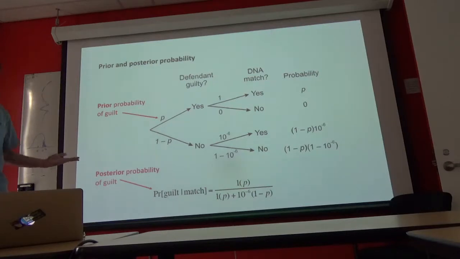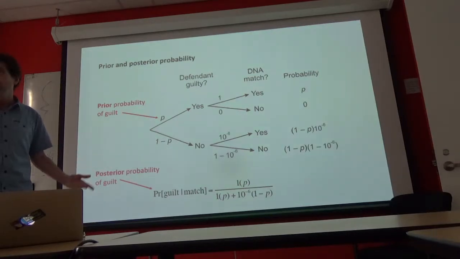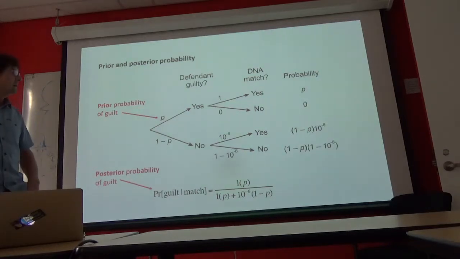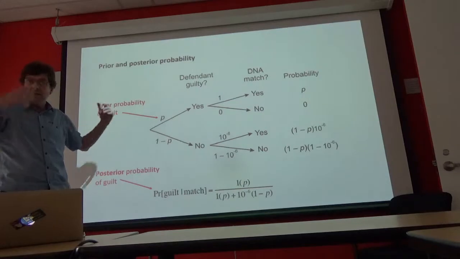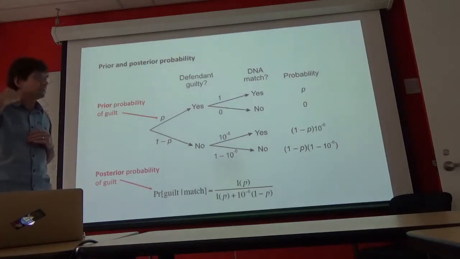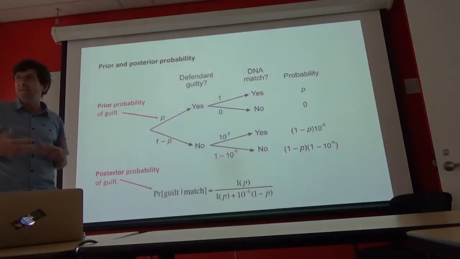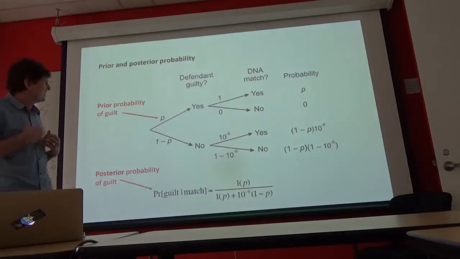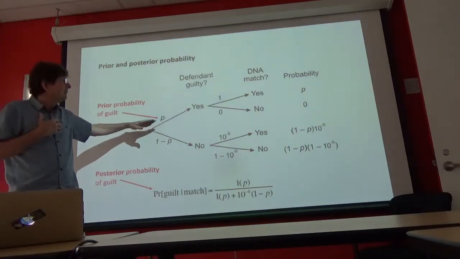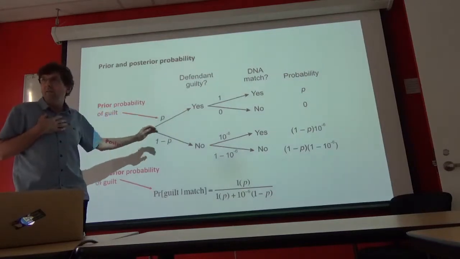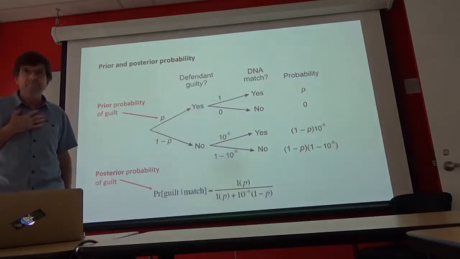Either the defendant is guilty or he is not guilty. And so it can be controversial to put a probability on it, and if you do, to ask yourself, what exactly does that mean? It represents your subjective degree of belief, before you even look at the data, that the defendant is guilty or that the defendant is not guilty.